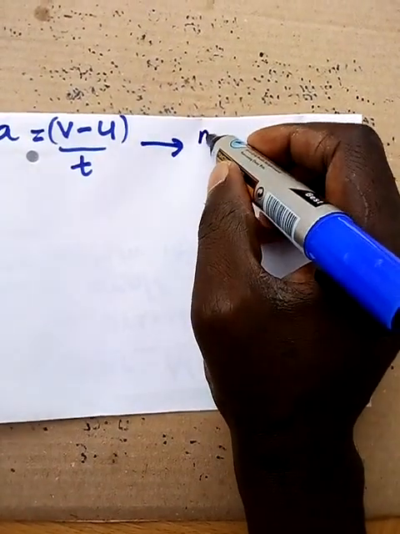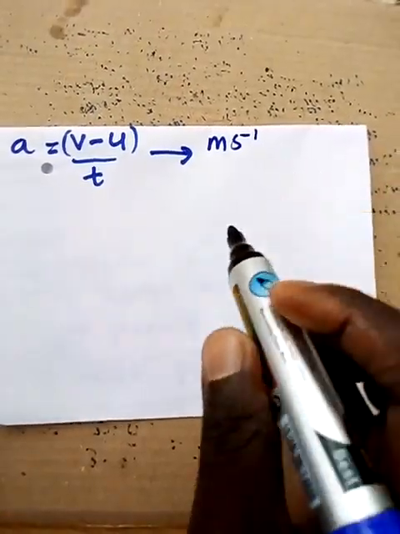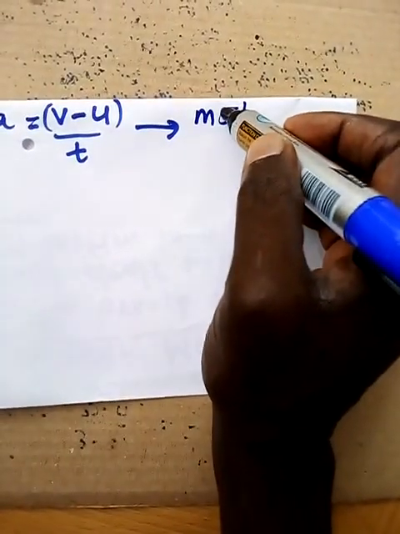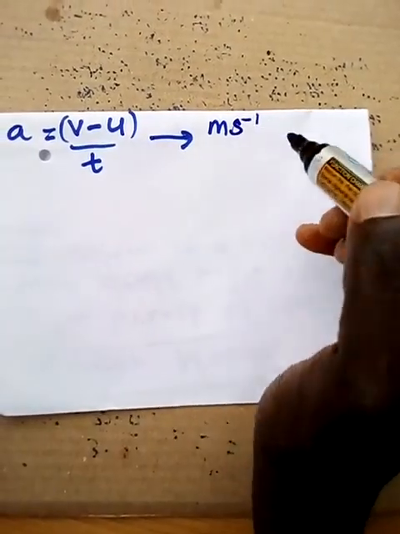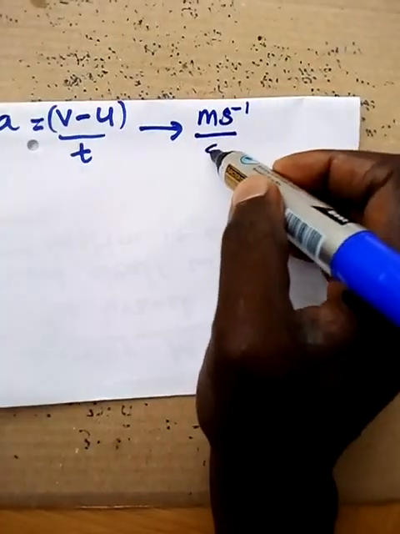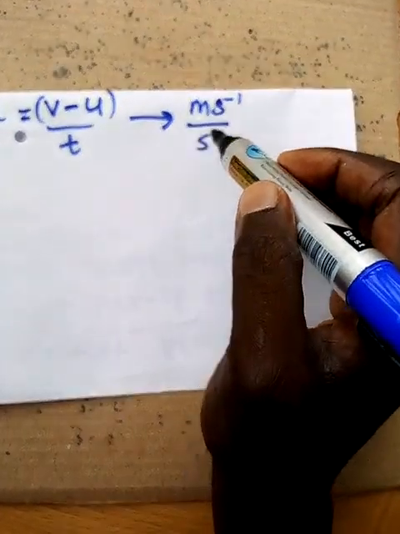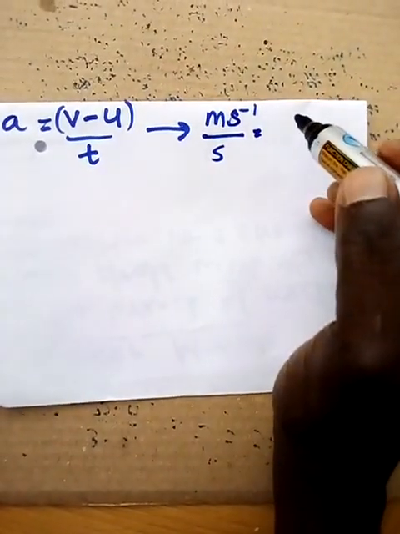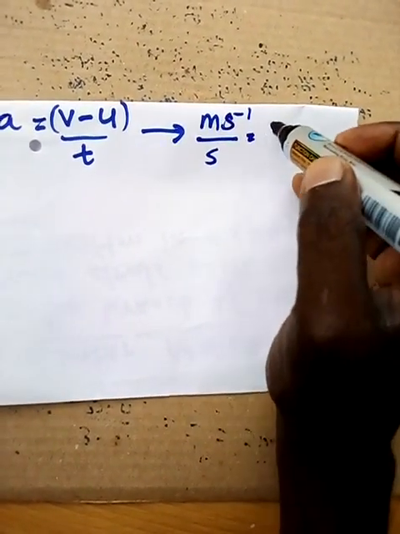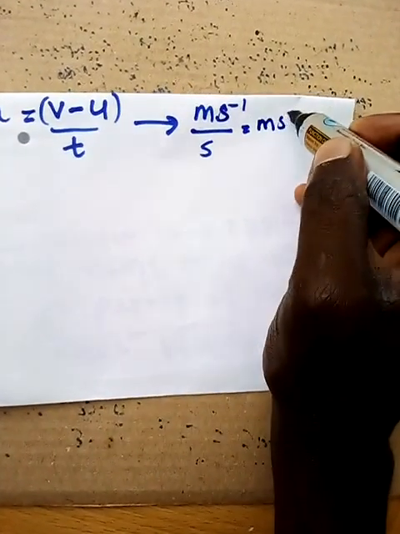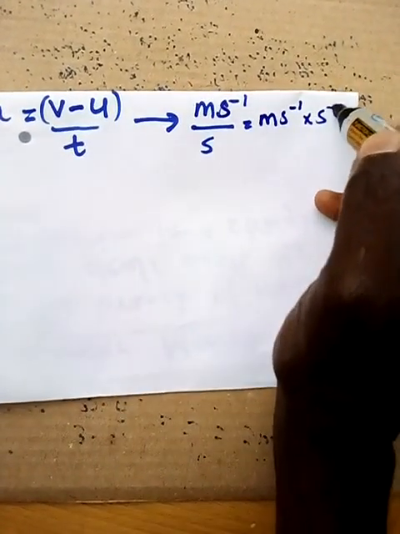You still get meter per second. Cows minus cows, you get cows. You don't get dogs. Then divide by seconds. For you who know indices properly, you have meters per second times per second.